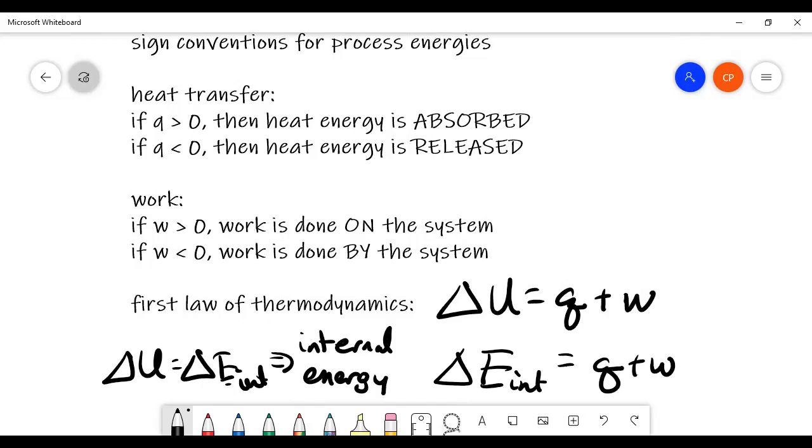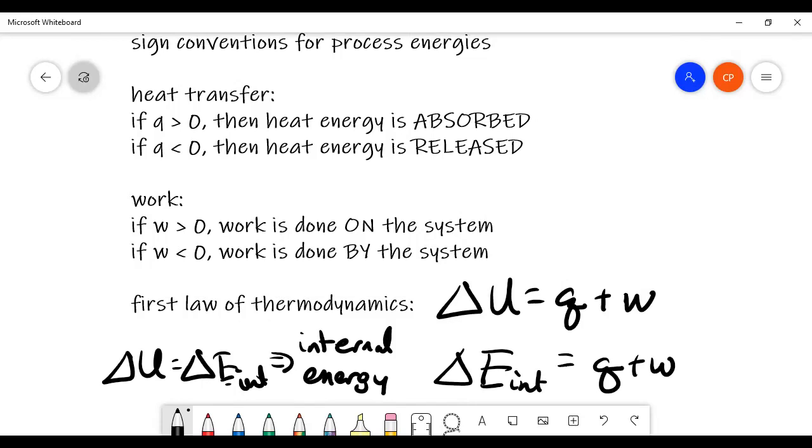The sum of the two process energies, heat and work, add up to the change in internal energy in the system that heat is transferred into or out of, and that work is performed on or by.